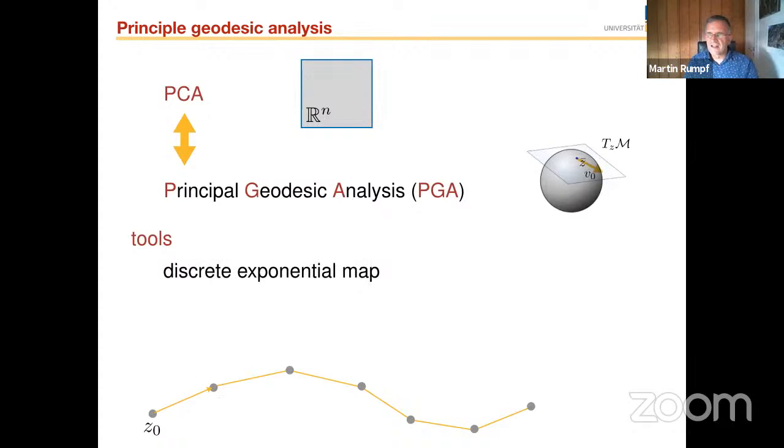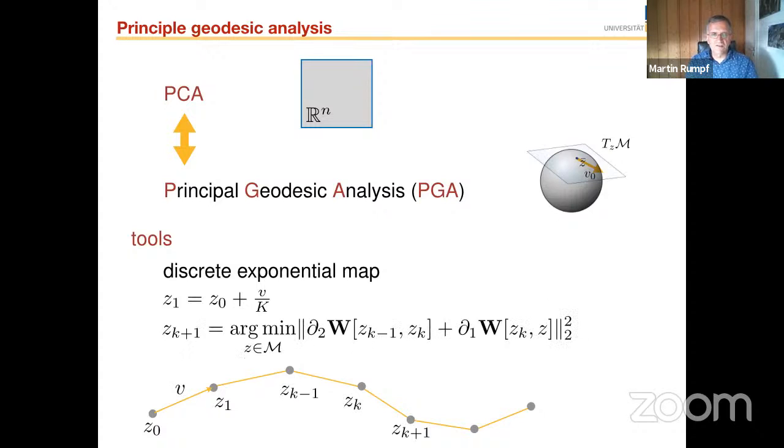And the discrete exponential map, which we need then for reconstruction purposes or animation purposes or editing purposes, there we proceed as follows. So we start with a discrete initial direction from Z0 to Z1. And then we take this set of Euler-Lagrange equations. We take the first one and solve it, involving Z0 and Z1, for the third point, Z2.